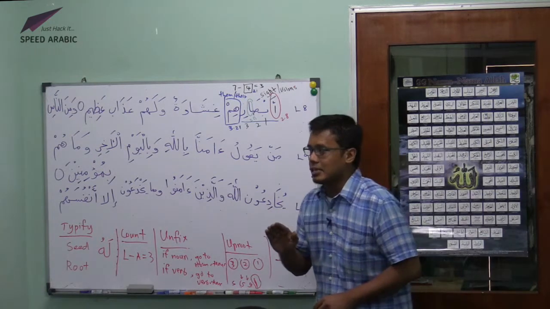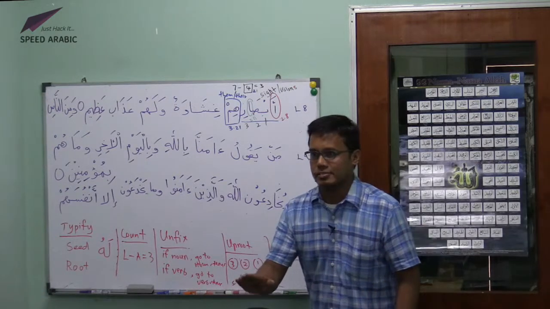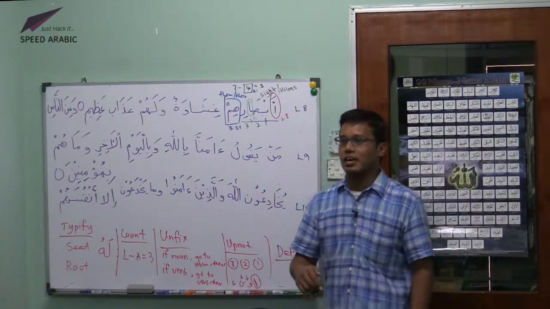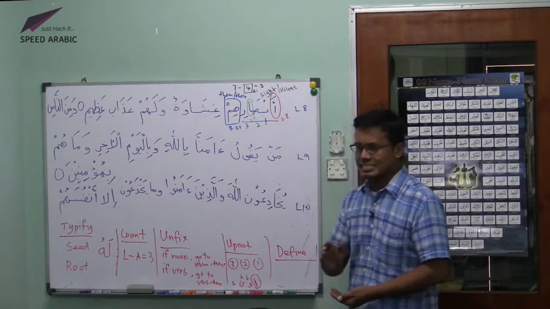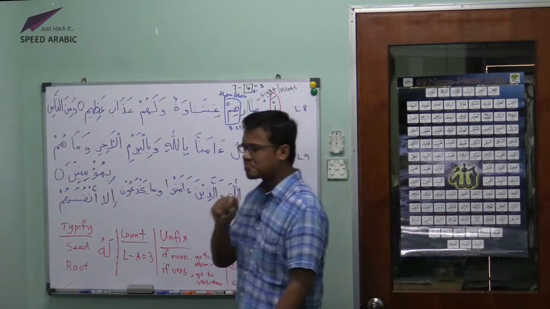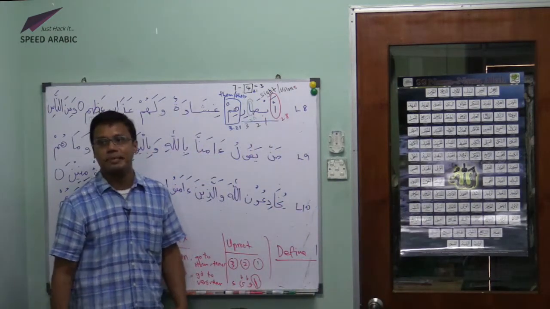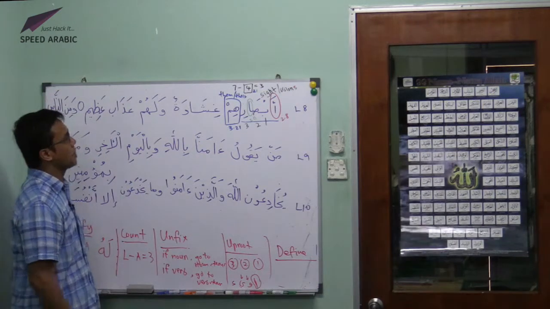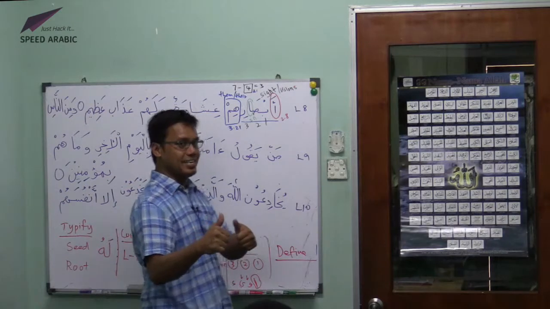The sticky hamza is not frequent. That means whenever you see a hamza, you always treat it as a stem first. I would say 95% of the time, if not 98% of the time. Okay?